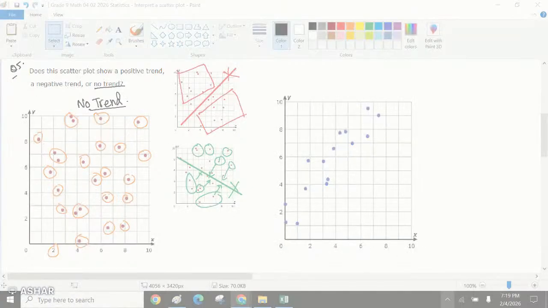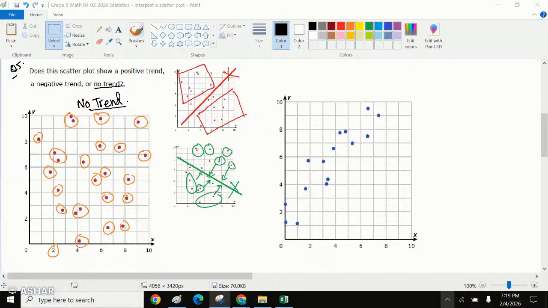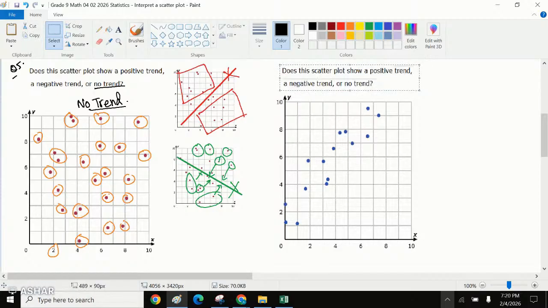Does the scatter plot have a positive, negative, or no correlation? Okay, for question number 6, what do you think it should be?